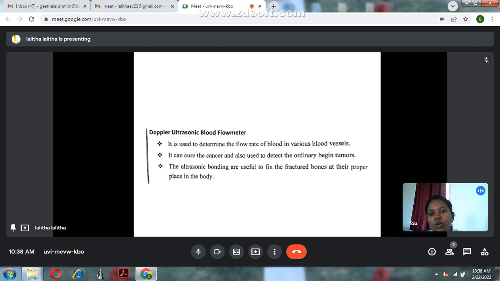It can also be used to detect cancer and ordinary benign tumors. The ultrasonic bonding is useful to fix fractured bones at their proper place in the body. So ultrasonics can be used to determine the rate of blood flow in various blood vessels, to detect cancer and ordinary benign tumors, and also to fix fractured bones at their proper place in the body.